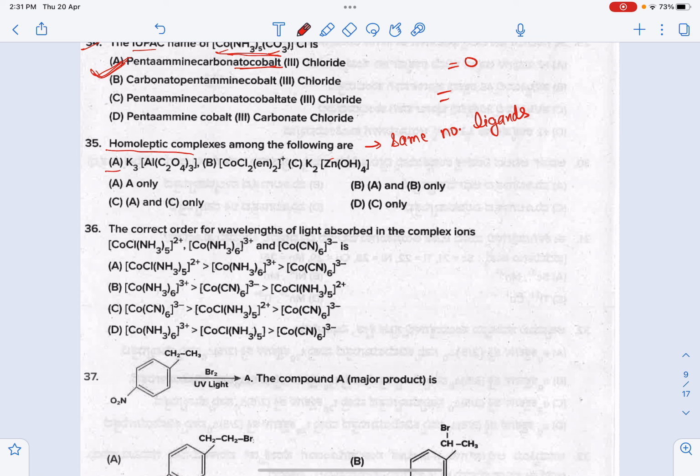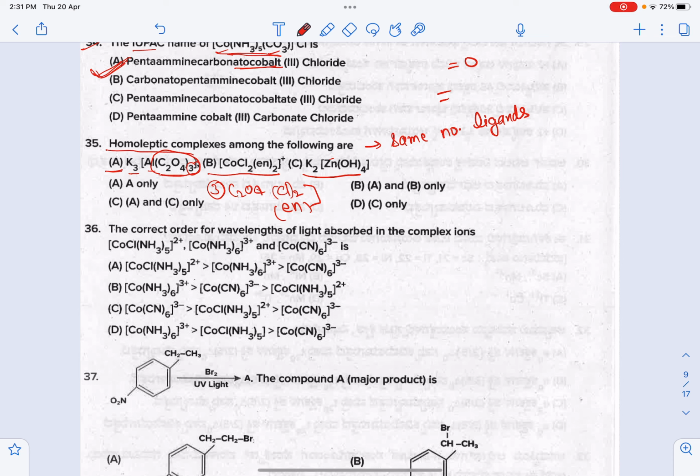You can see that in option A there is K3[Al(C2O4)3]. These are three ligands of C2O4. In option B you can see there are two types of ligand, Cl and en also. There are two ligands.